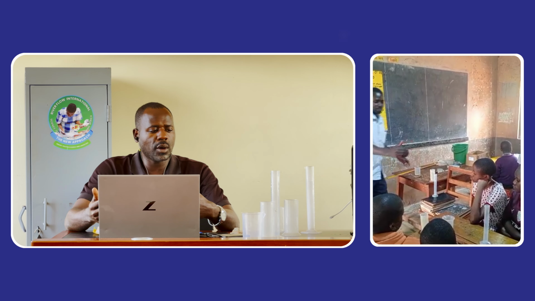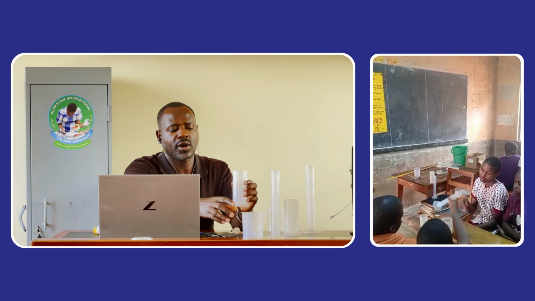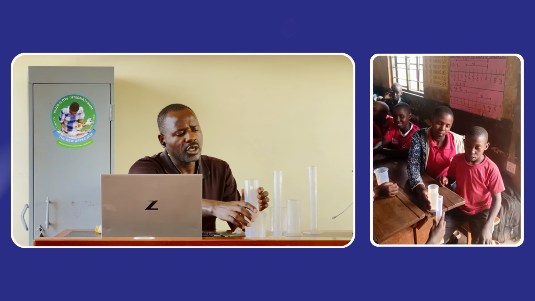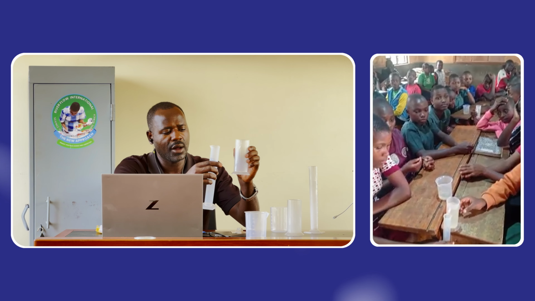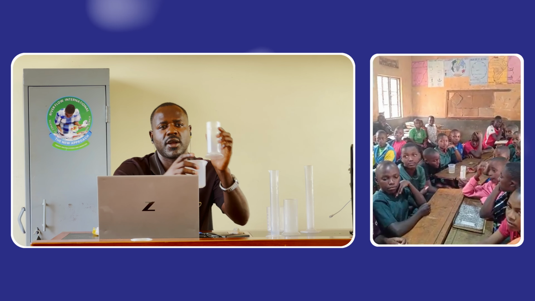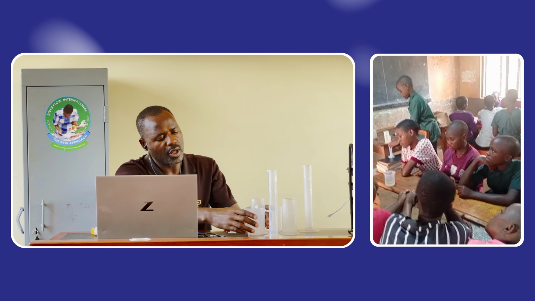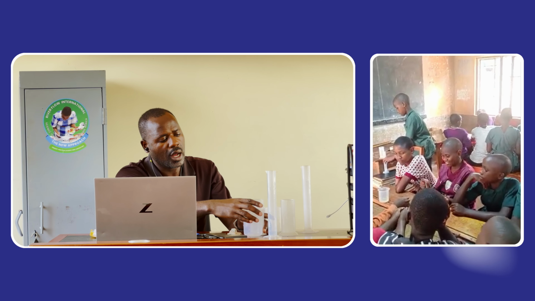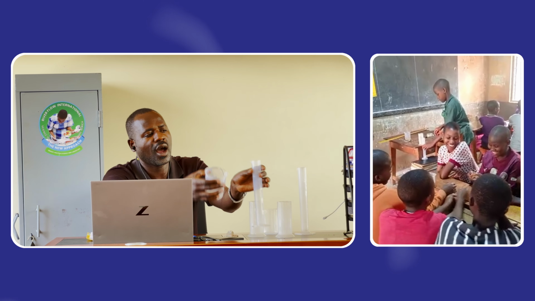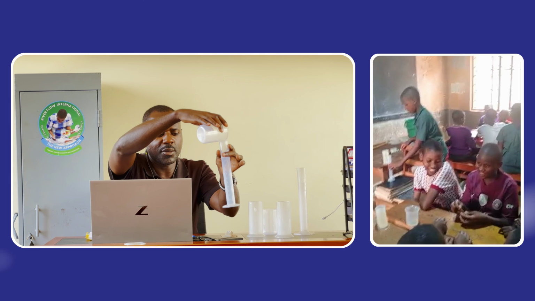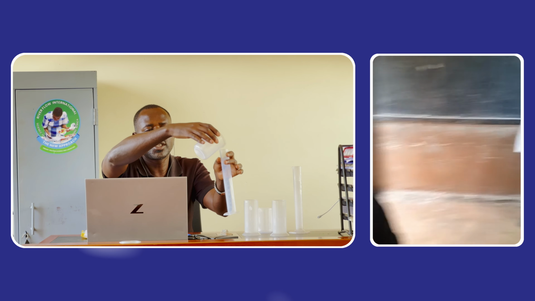There are people who, because the overflow can is shorter than the measuring cylinder, mostly use the beaker. They get water from the overflow can into the beaker, then transfer the water into the measuring cylinder, which is okay.